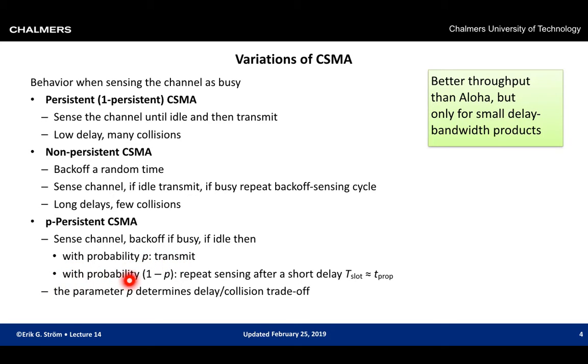And if we don't transmit, that is with probability 1 minus P, we repeat sensing after a short delay, which we call t-slot, approximately equal to the propagation time. Back-off time is typically much longer than the propagation time, so t-slot here is typically much less than back-off time.